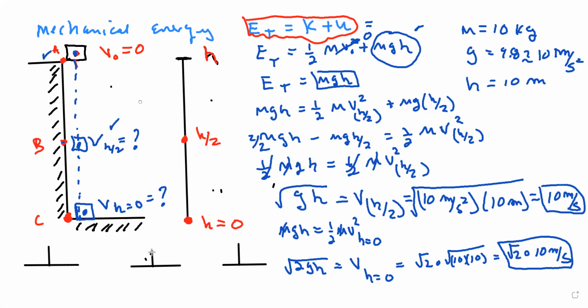I'll make a little box here to put all the energy inside the box, and another one over here. So this is a case where all the energy has been converted from potential energy into kinetic energy.